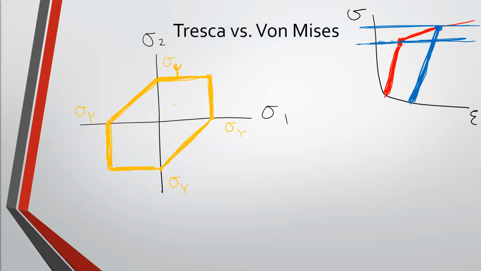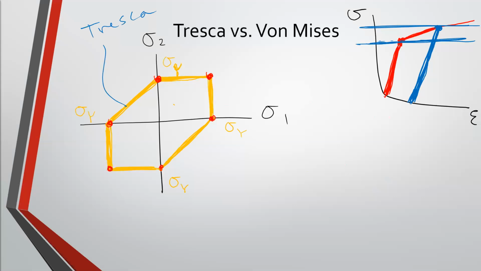Okay, so this is Tresca. A little bit easier to understand, but it gives us conservative values. Now, von Mises will give you the same values when you are at any one of these vertices.